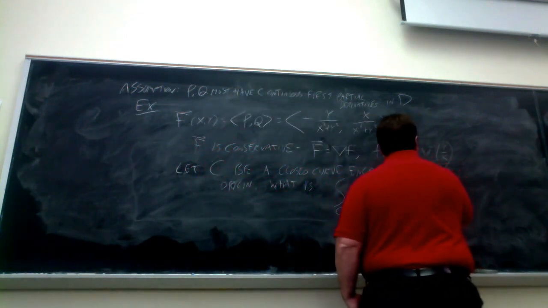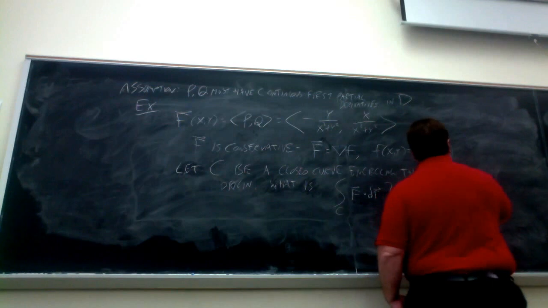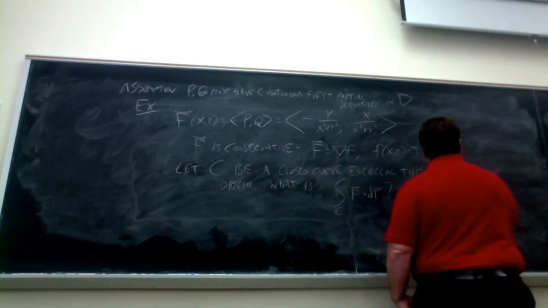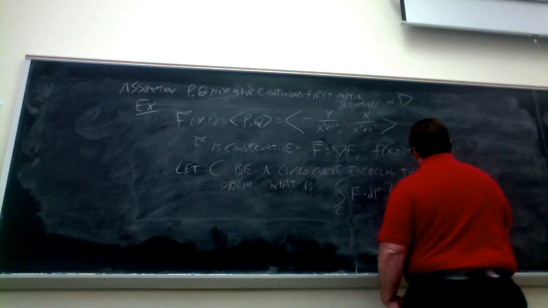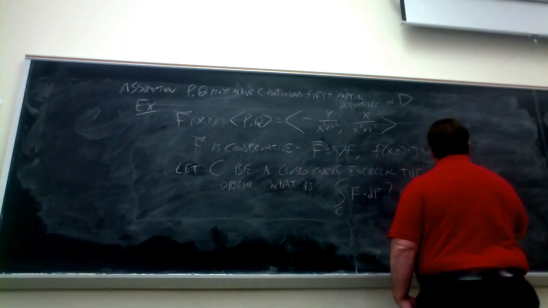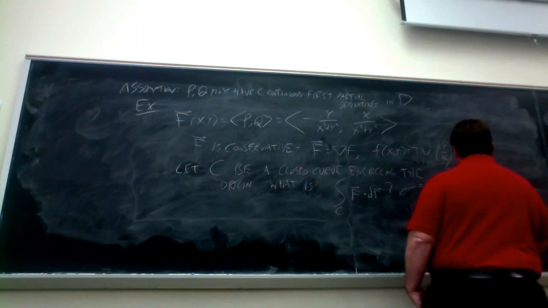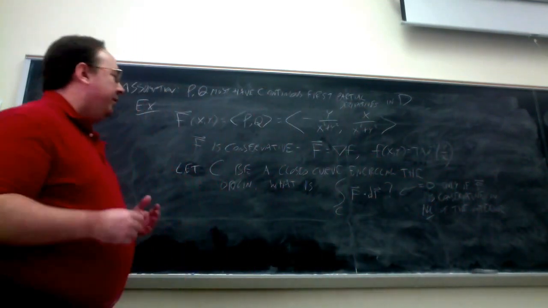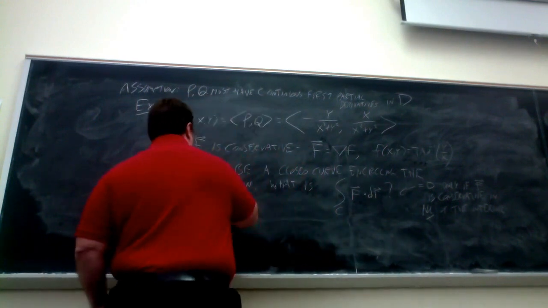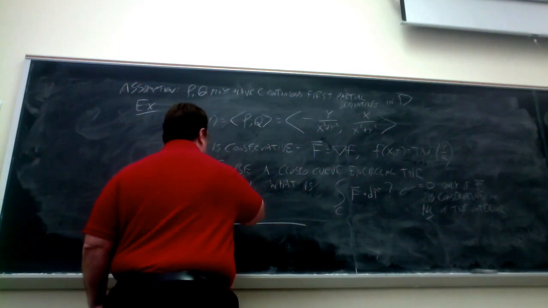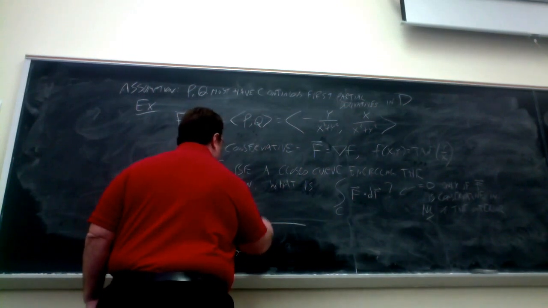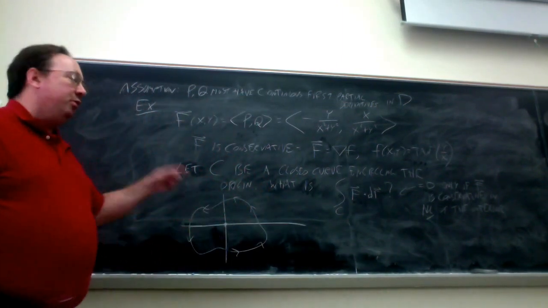So this equals 0 only if F is conservative in all of the interior. So in this case, we have some closed curve C, and we'll assume that it has a proper orientation, counterclockwise. And it happens to contain the origin somewhere in the middle.